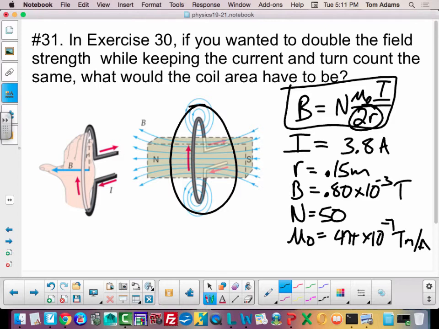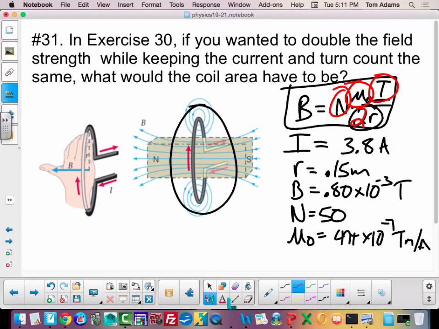And the turn count, which is the number of loops, N. So N can't change and I can't change. So I'm going to circle this. This cannot change. This cannot change. This won't change. Okay? And the number 2 won't change. It says, what would the coil area have to be?